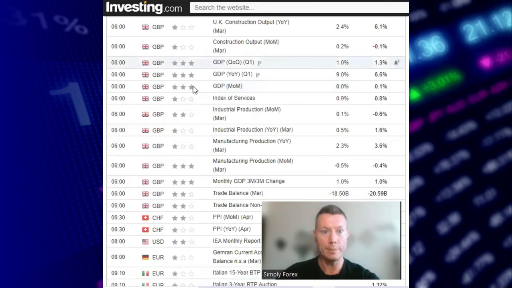So we've got GDP. If we carry on down, we've got manufacturing production and monthly GDP change. So this time here could really move any pound pair that you're in, guys. So you must be aware of all of this coming out at 6 o'clock from the UK.